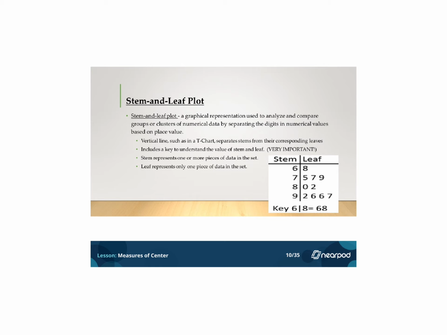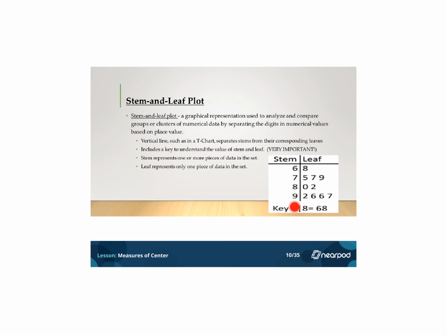So I'm going to explain this table quickly because to my understanding, you all saw it in 5th grade. So again, your stem is right here. Your leaf is right there.